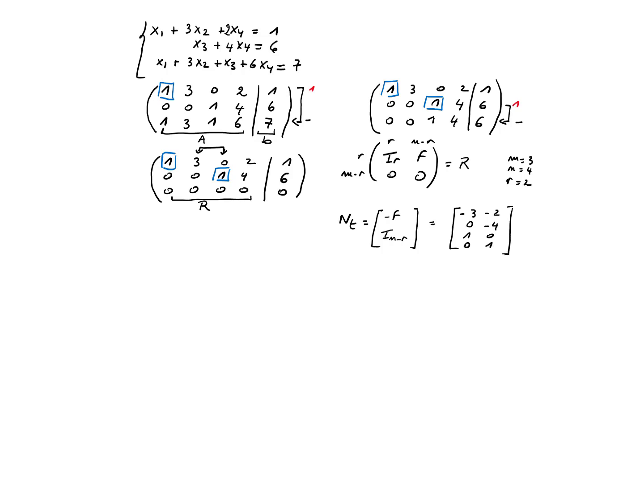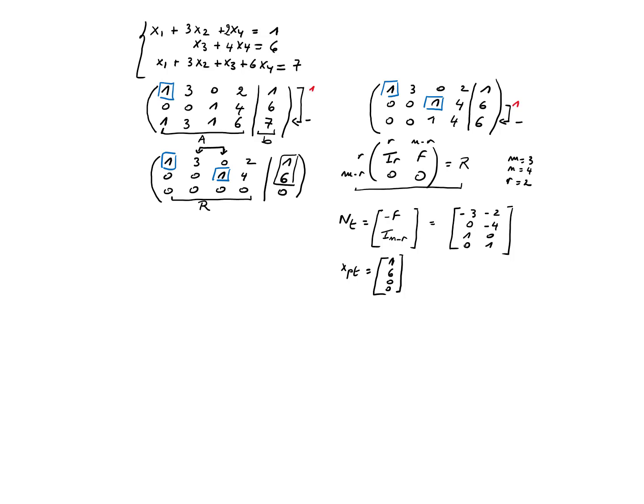And we can also obtain our temporary particular solution. What we do is take the d r over here, this one, 1 6, and we put 2 zeros below. So this is my matrix N and my particular solution if we had had our R in this form. But we had to swap columns.